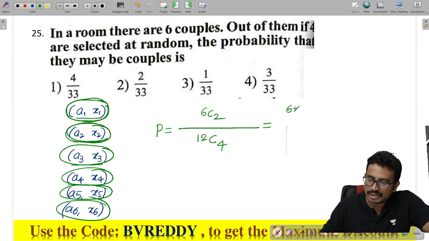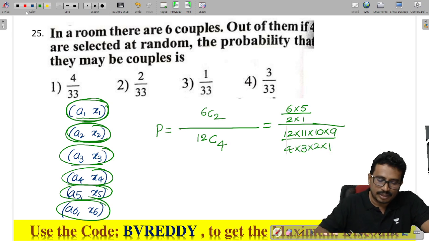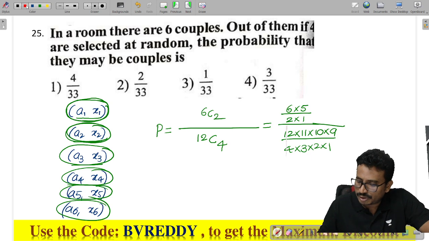Done. So that is 6 into 5 by 2 into 1 by 12 into 11 into 10 into 9 by 4 into 3 into 2 into 1. Simplify and get these values.